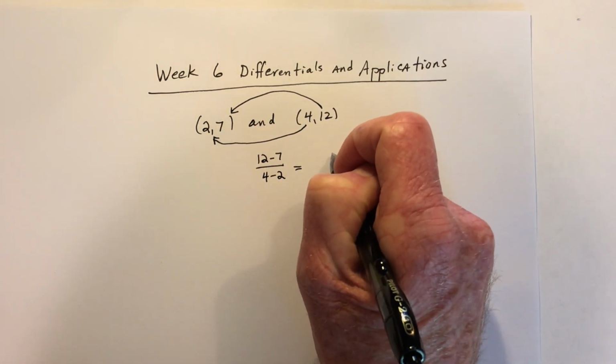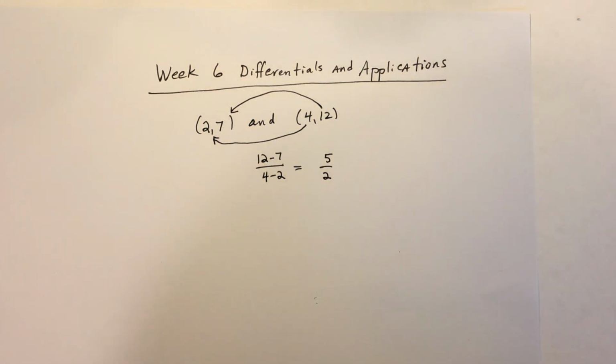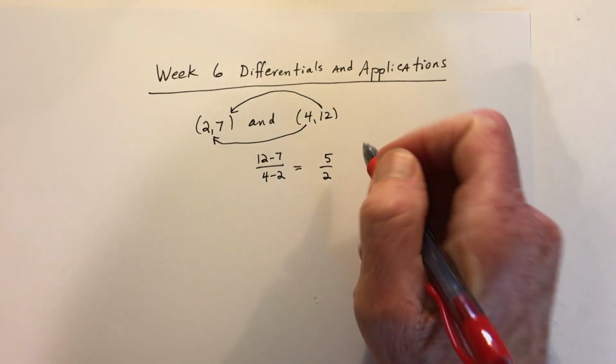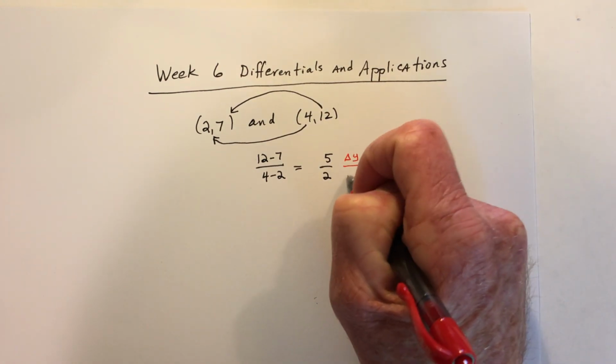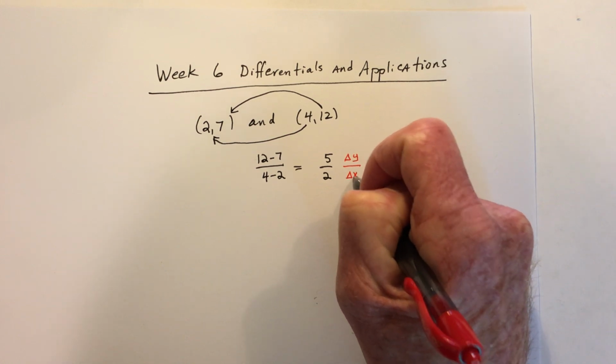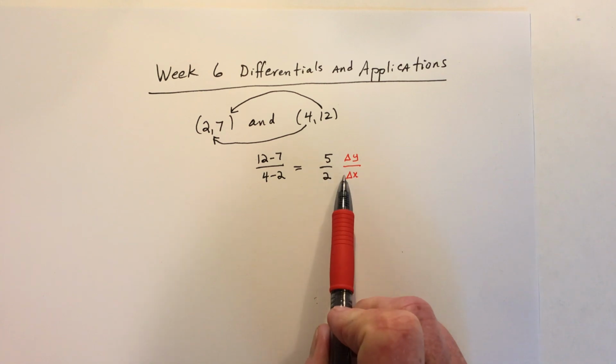So this is going to be 5 over 2. And then notation that I can use to represent that is, on the top I found the difference of the y's, and on the bottom I found the difference of the x's. So that means dy equals 5 and dx equals 2.